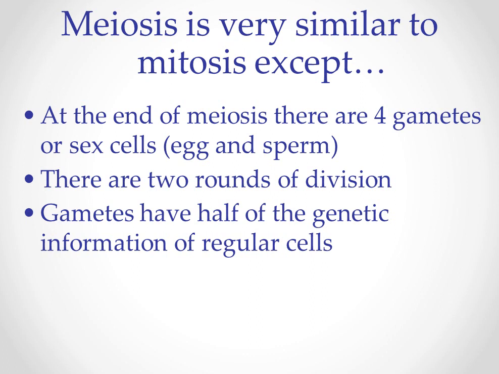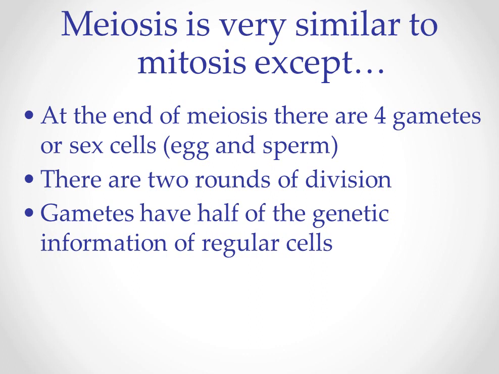How many sperm do men get each time they go through meiosis? Each time a male goes through meiosis, he gets 4 sperm. Well, that's not fair. Females only get 1 egg, and males get 4 sperm for our 1 egg. Well, eggs are much larger in comparison to sperm.